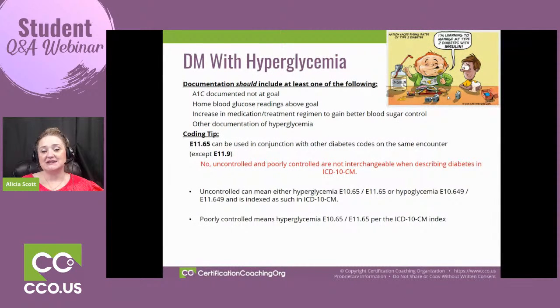If a patient has hyperglycemia with their diabetes, that means that their blood sugar has shot up very, very high. This could be anywhere from 300 up. There was one person that I knew that would run in the 500s, and she was running in the 500s for a very long time.